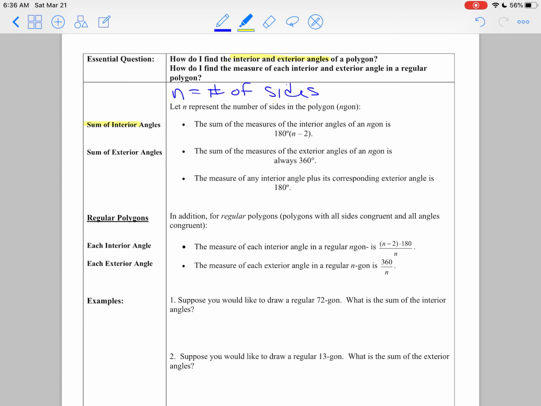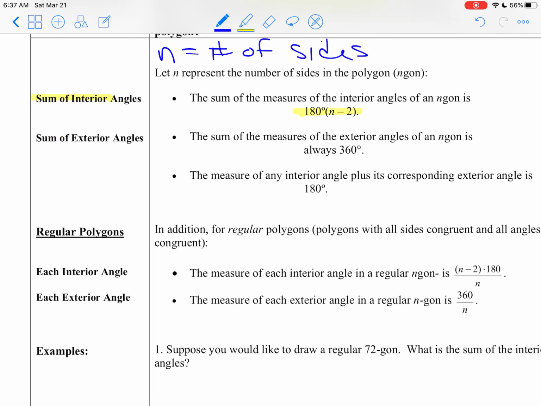For the sum of the interior angles, sometimes I'll just say all the angles added, and if it doesn't tell you exterior, it's always interior. The way we find that is by taking 180 times n minus 2, again n representing the number of sides.